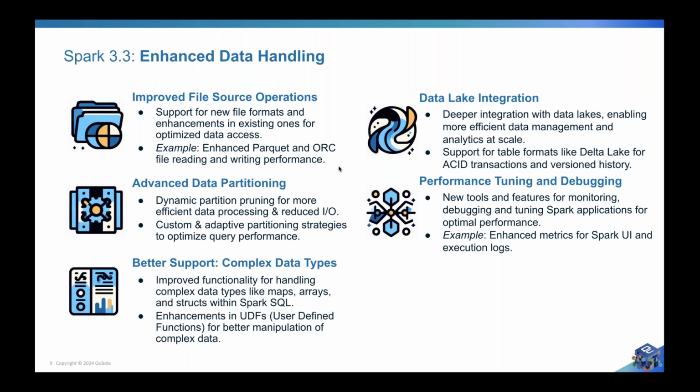Now with Spark 3.3, these complex data types, that is map, arrays, and struct, have become vectorized. So the reading is much faster. You can see improvements of 2x, 10x in terms of reading these complex data types.